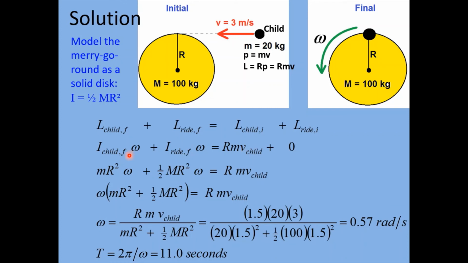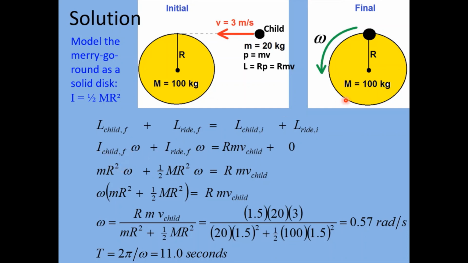On the left side, what we can do here is calculate these separately. Remember, this is in the final position here. So what we've got are two objects. We've got a child and we've got the ride, and they're both rotating together. So they have the same omega. This omega is the same as that omega there.